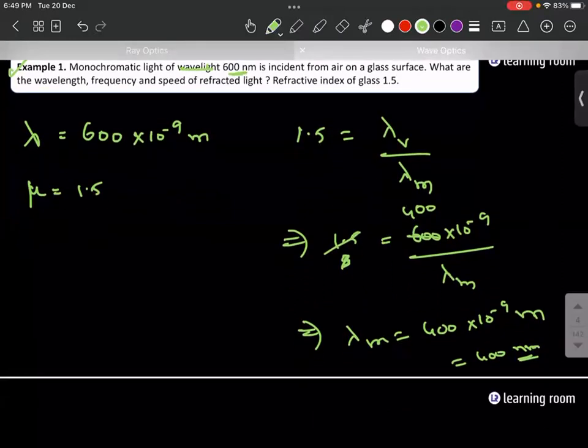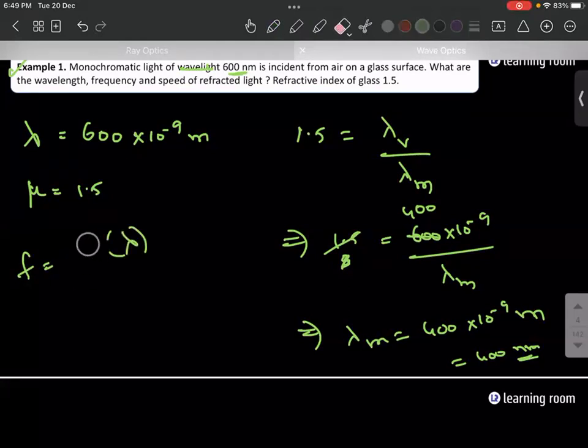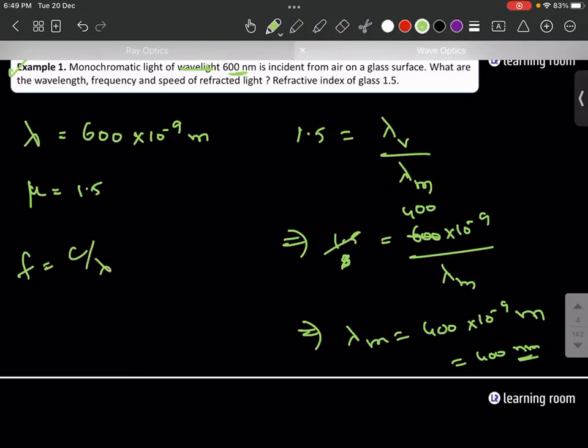Frequency. So how to calculate the frequency? Frequency is equal to speed divided by lambda, that is C divided by lambda. C is 3 into 10 power 8 divided by lambda, which is 600 into 10 power minus 9.